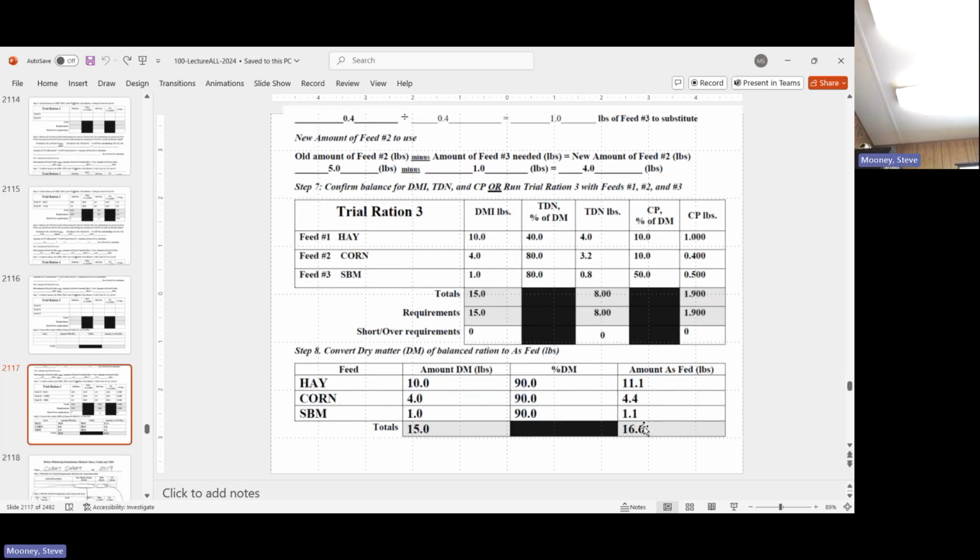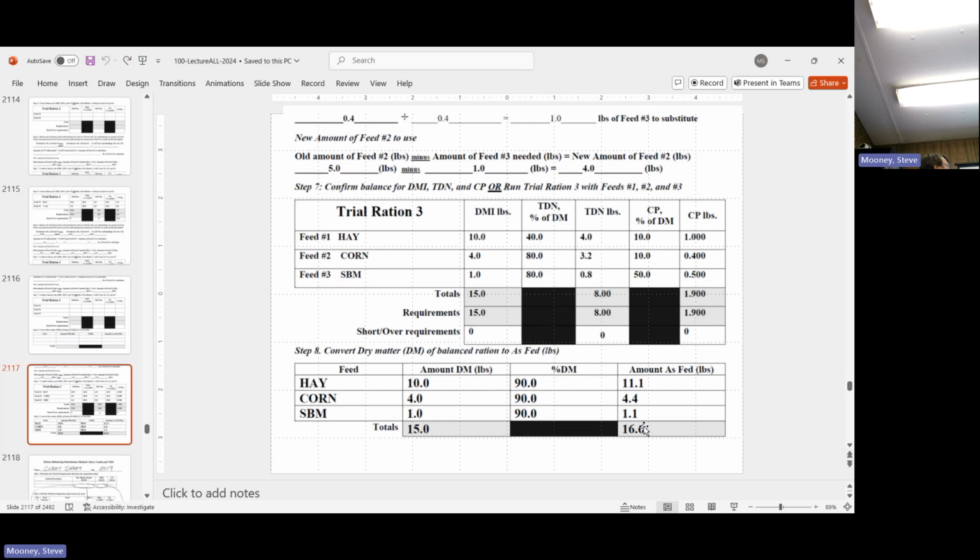So how did I do? Hay, corn, soybeans, 10 pounds, 4 pounds, 1 pound. We are balanced for dry matter intake. I got 40, 80, and 80 for hay, corn, and soybean meal, TDN percent of the dry matter.